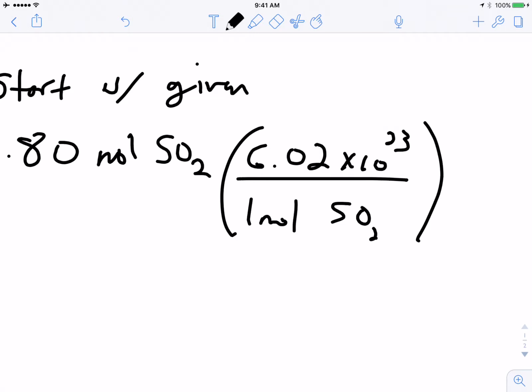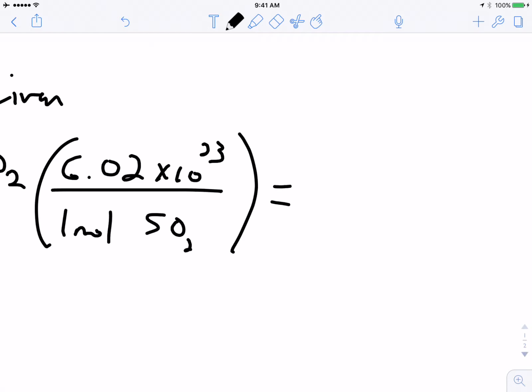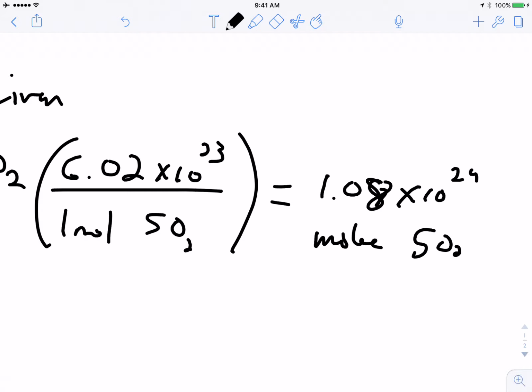And that's what I'm trying to find, the number of molecules of SO2 in this many moles. Use my fancy dancy calculator. 1.08 times 10 to the 24th molecules SO2. That's letter D.